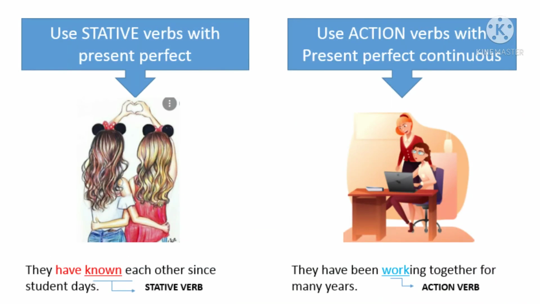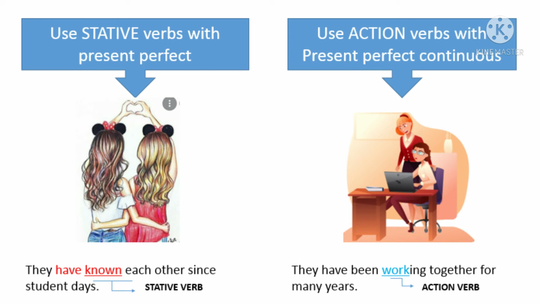For the meantime, let's check how a stative verb is used in a present perfect tense. And here it is. Example, they have known each other since student days. Know is a stative verb, not an action verb. Okay, so let's move to the present perfect progressive.